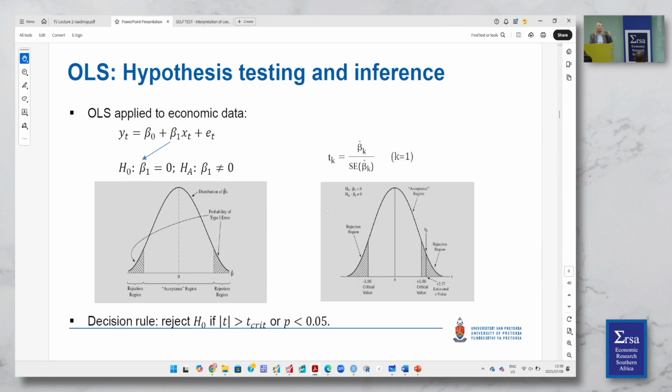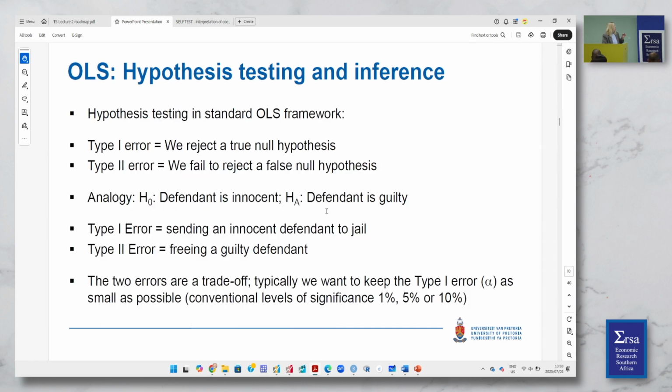And that is the probability of making a type 1 error. You're all still good with that? Okay, because this is crucial.